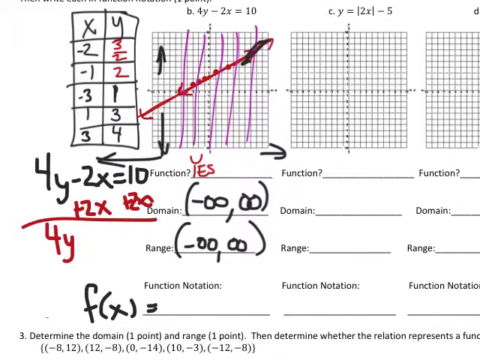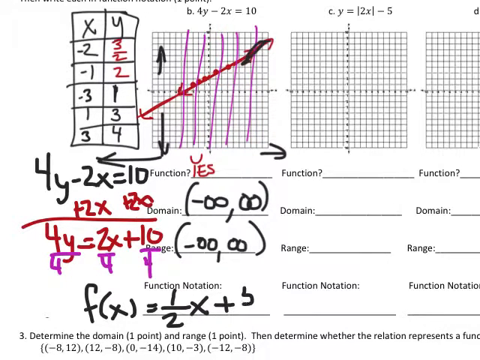And this gives us 4y equals, I'm going to rearrange this, 2x plus 10. Then we'll divide by 4 everywhere. And you'll see y equals 1/2 x plus 5/2. You may use decimals here if you'd like, but the fractions and improper fractions look much better.